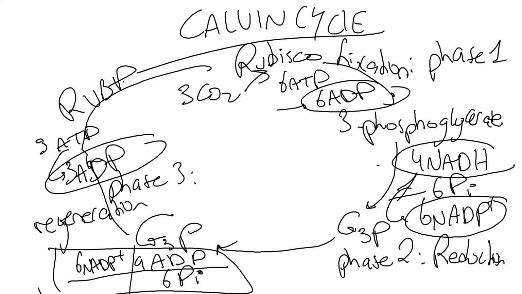When this carbon is fixed, 3-phosphoglycerate will be produced with these products, which are the 6 NADP plus, 6 inorganic phosphate, and the 9 ADP, producing also G3P, allowing the three phases to occur, which are the fixation phase, phase 1, the reduction phase, phase 2, and the regeneration phase, phase 3. This is mainly the Calvin cycle.